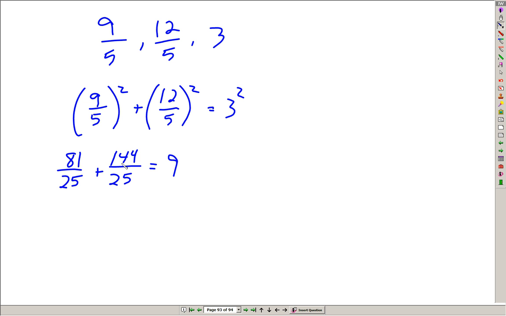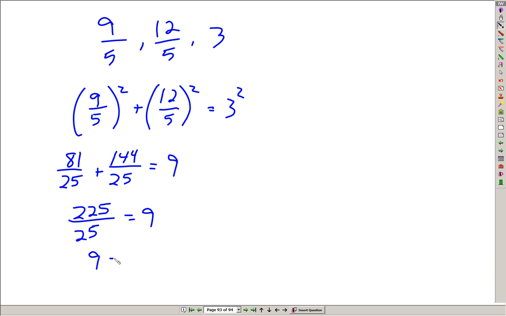Now when you're adding fractions, you need a common denominator, which we have, so just add the numerators together. 81 plus 144, and we get 225 over 25, and that equals 9. Now, what's 225 divided by 25?